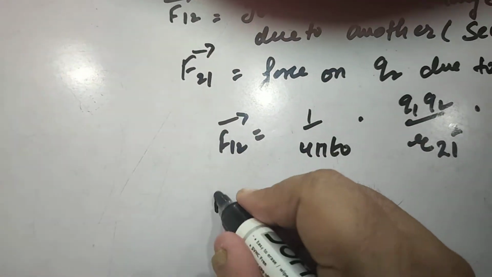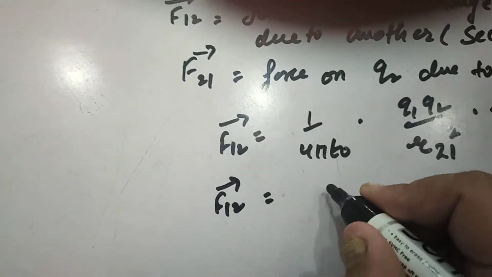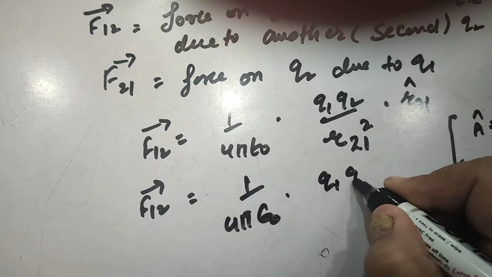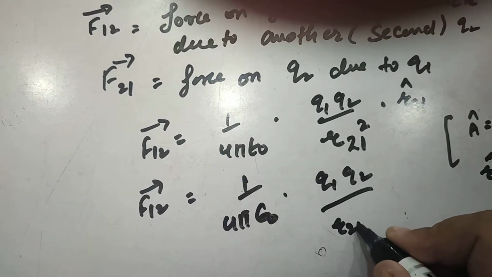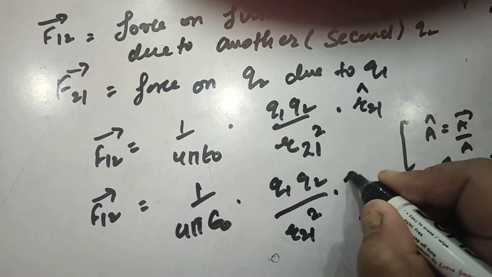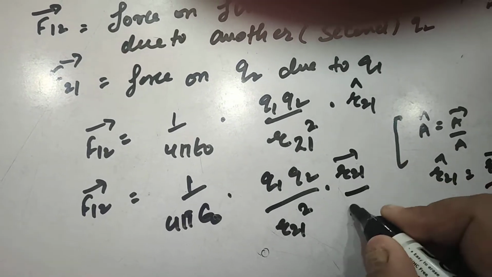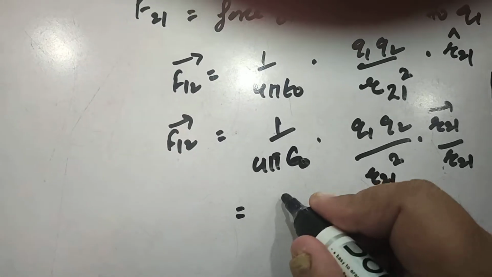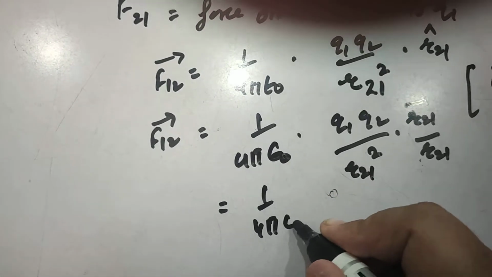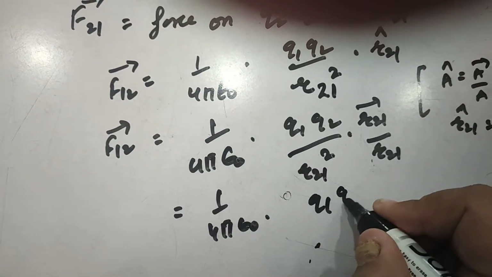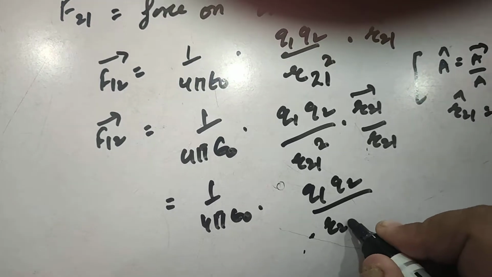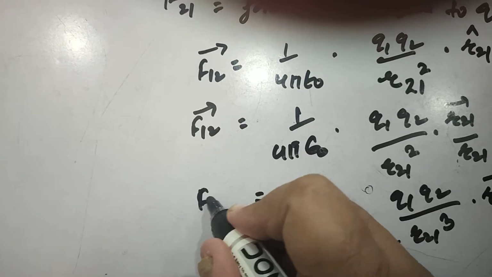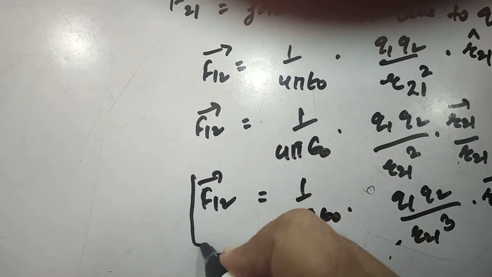Putting this value, F12 vector is equal to 1 upon 4 pi epsilon naught Q1 Q2 by r21 cubed into r21 vector. This is the F12 vector.